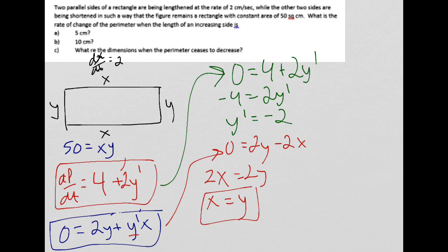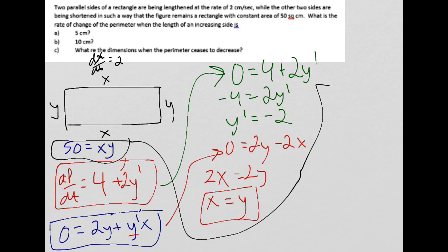So my last step is to pull in this thing right here. I know x and y are the same thing, right? So there I have 50 equals x times y. And you could go like, all right, I know it's a square, I know the area is 50, so what do I need those lengths to be? You could go through that process if you want. But I'm going to do it with the equation.